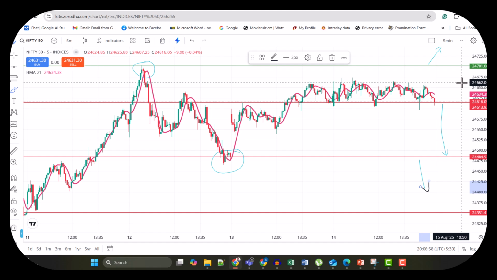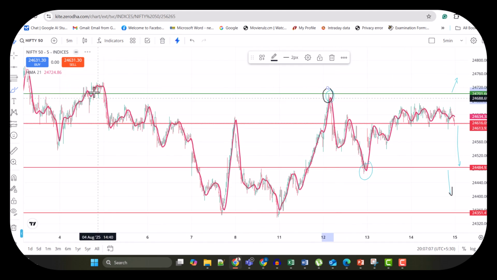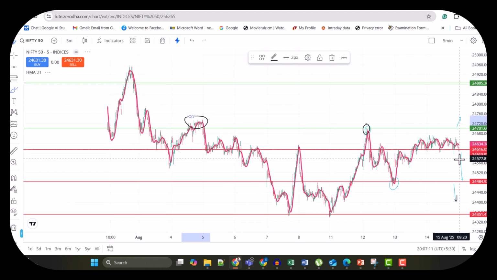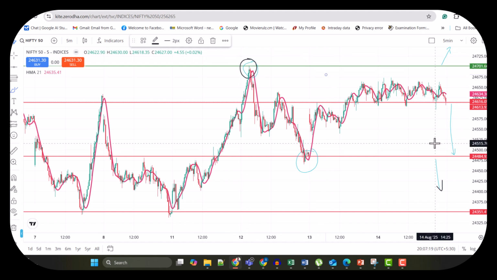Notice how the market rejected 24,700 multiple times with upper wicks. That is supply. Dips into the 24,485 zone bounced with long lower wicks. That is demand. Right now Nifty is sideways between 24,485 and 24,634, with a flat HMA showing consolidation.